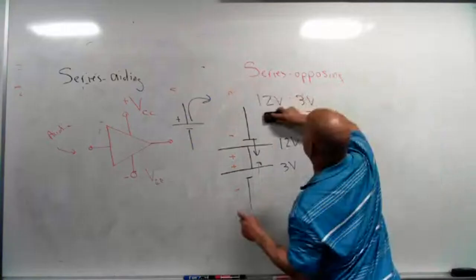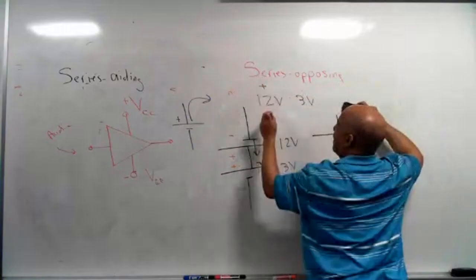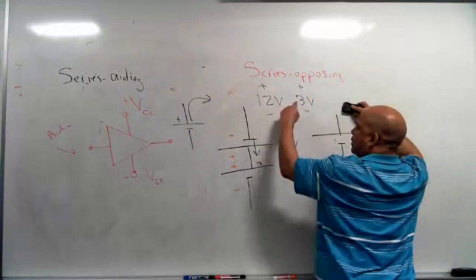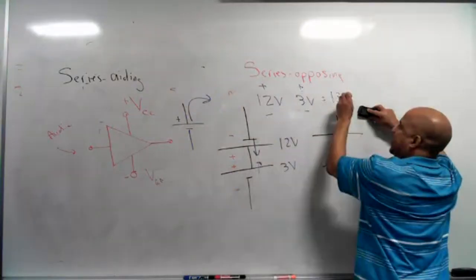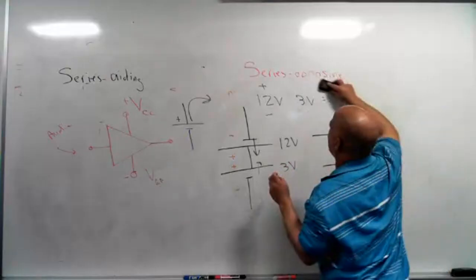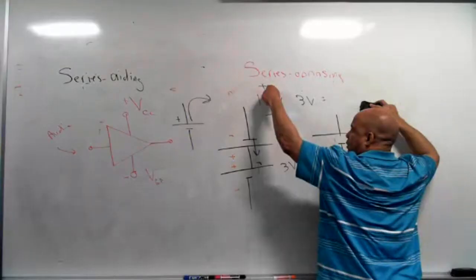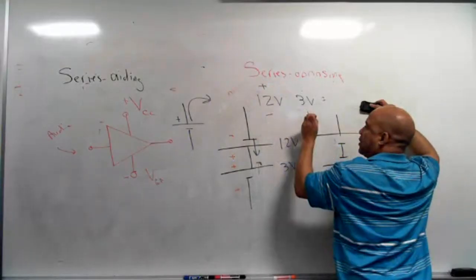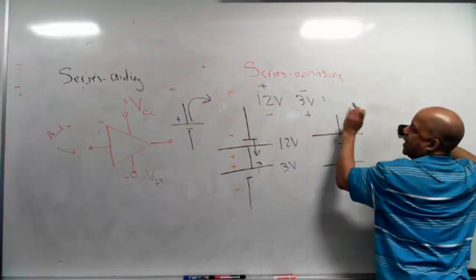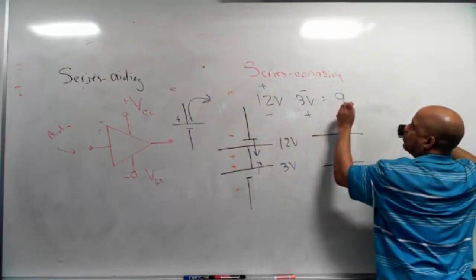Now if I do it like this, with plus on the top and minus on the bottom, or plus on the bottom and minus on the top, I would just add them up to get 15 volts. But since these polarities are reversed, this one's positive and that one's negative, this would be 12 minus 3, which is 9 volts.